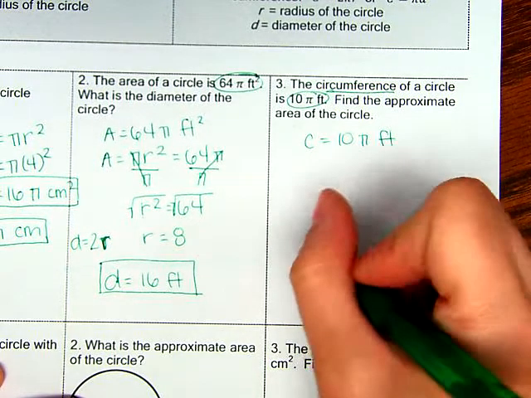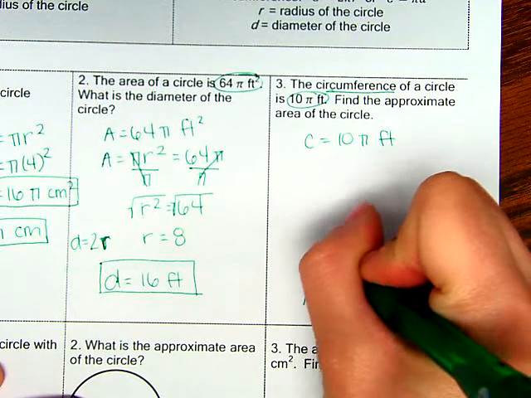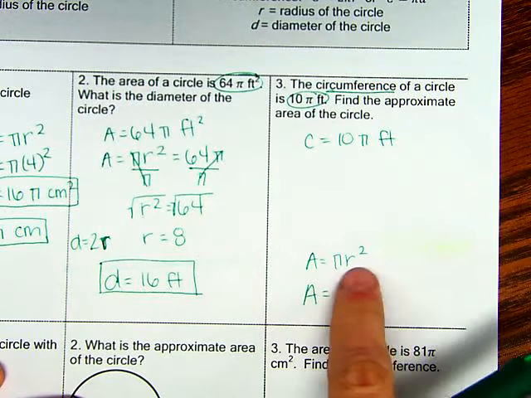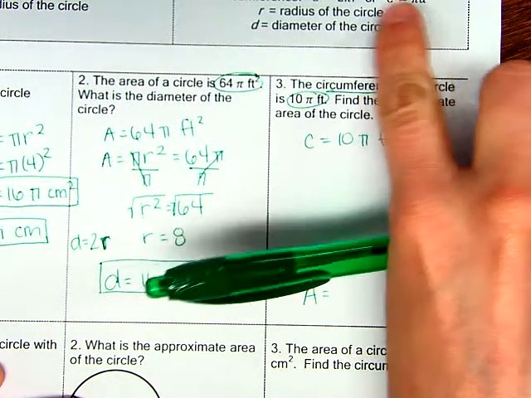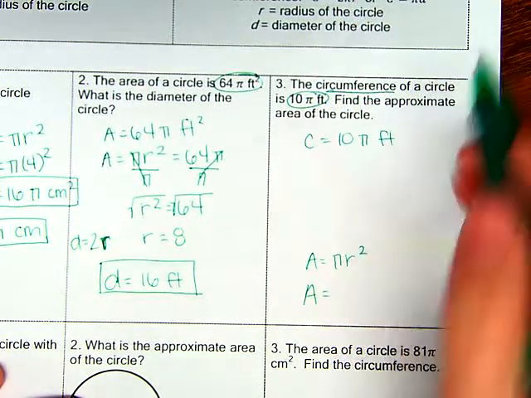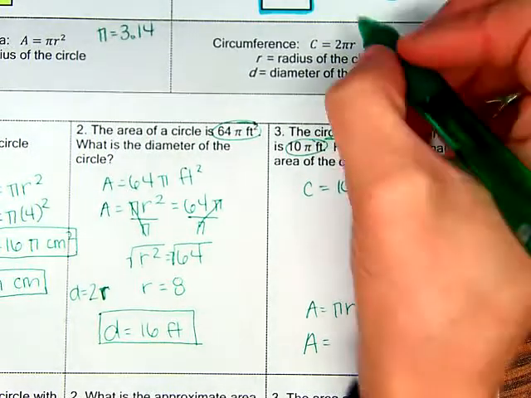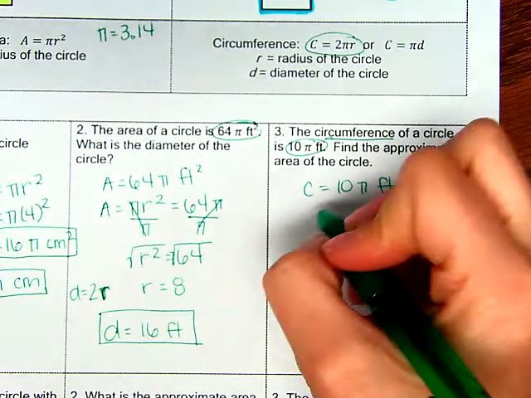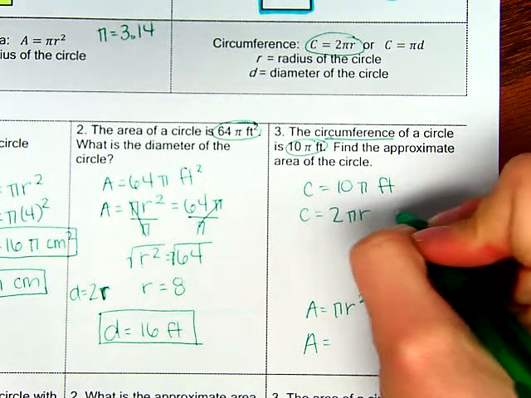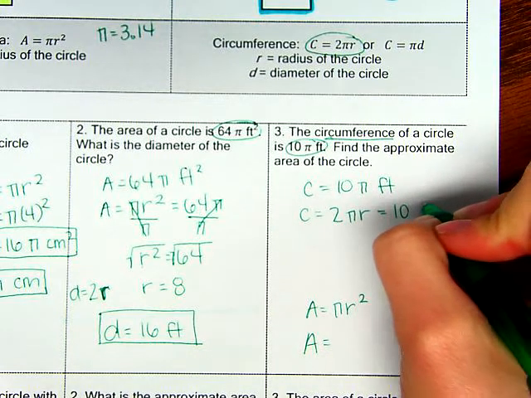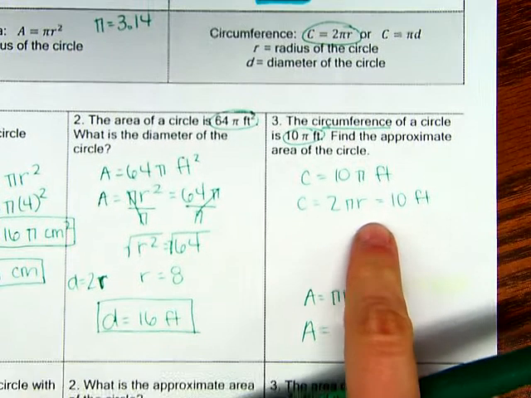So in order to do area, we need to know r. Well, I can solve for r by finding first the diameter, or I can use my circumference formula up here that has r. So I'm going to set c equal to 2 pi r, and that is equal to 10 pi because they gave that to me in the problem.